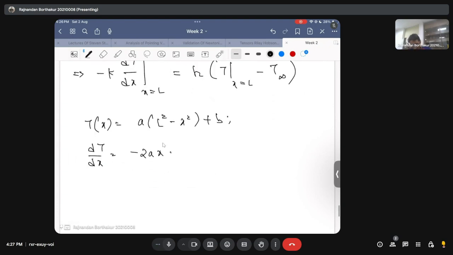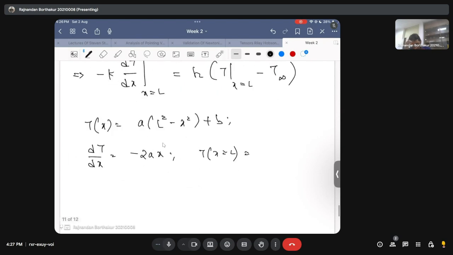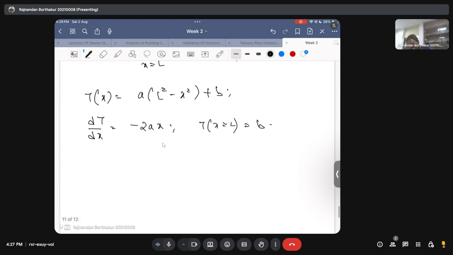Which means my T at x equal to L would become just B, because you just need to substitute x equal to L. And my dT/dx at x equal to L becomes minus 2 times A times L.